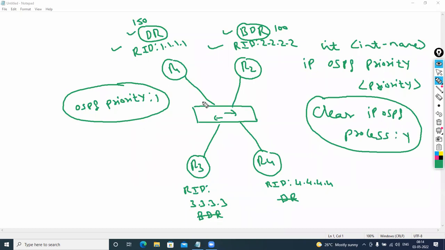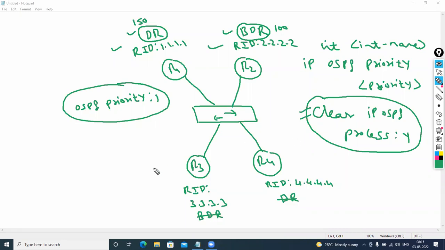But in a multi-access network, assume we have 5 routers, and only 3 routers came up, R1, R2, R3, not R4 or R5.